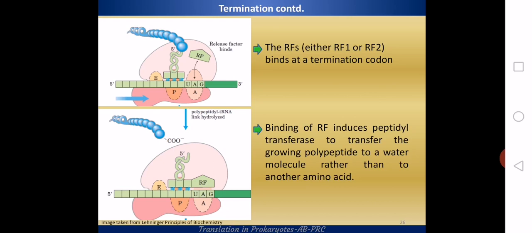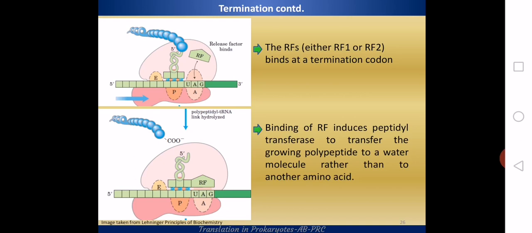So when we look at the mechanism, either RF1 or RF2 will occupy the A site. Then binding of the RF induces the peptidyl transferase activity. You have to remember the peptidyl transferase activity in the peptide bond formation. Here also the same center of peptidyl transferase activity will transfer the growing polypeptide to a water molecule.